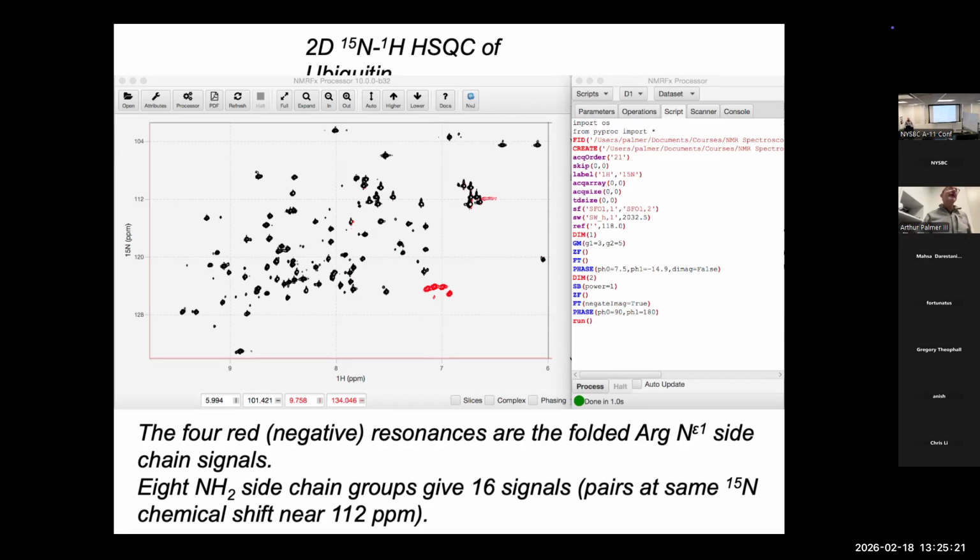But they happen to be upside down. Red is upside down. And that's because this spectrum was acquired with the first point being set to half the sampling time, which means a 180-degree phase shift had to be applied.